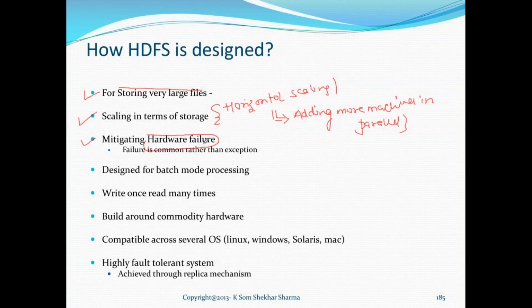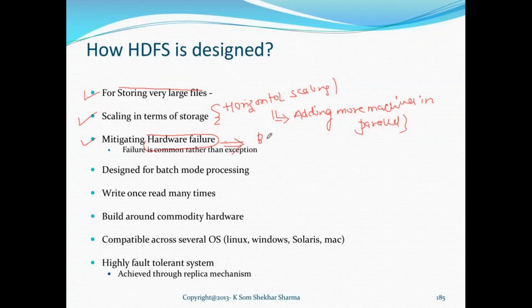But Hadoop is designed to mitigate the hardware failure, which means that even though machines are going down, it will make sure the data is not lost, and the processes or tasks which are running on that machine will automatically be rescheduled on some other machine. This is because of the presence of replicas.